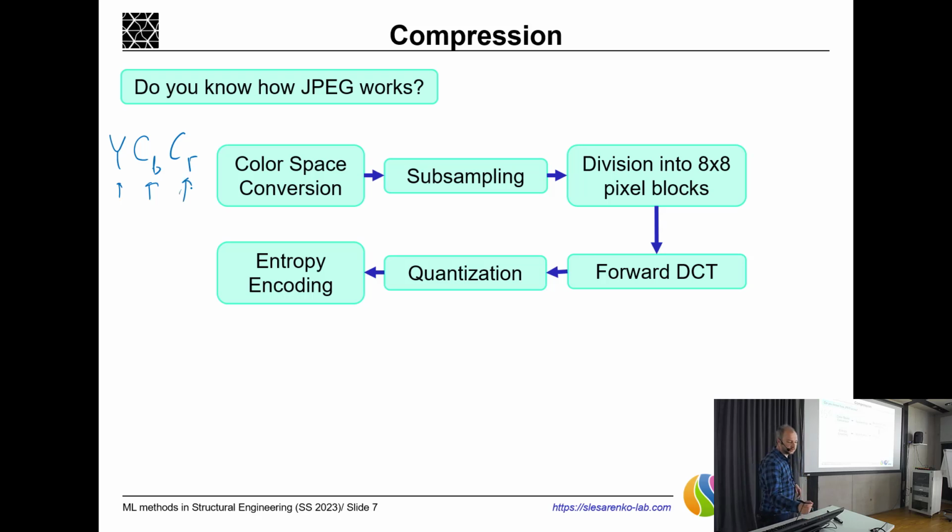Again, there is a direct match between this and RGB. Then what happens is subsampling. We do downscaling, or subsampling. Then we divide the whole image into 8 by 8 pixel blocks. Then we do very interesting, magical things, and I will show you what it is. It's called forward DCT. Have you heard about the DCT? Have you heard?